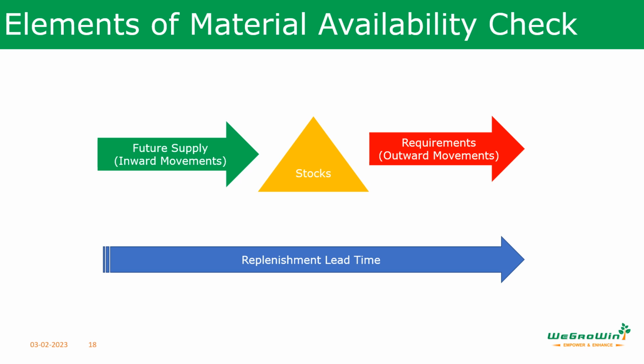It will balance all those things, and also consider the total replenishment lead time of the material. With this combination, the system will tell whether the material is available to commit to a particular sales order, production order, or delivery. So we can do the availability check in different stages. How to do the availability check, I put in a separate session in the PP course. If you are interested, you can refer to that.